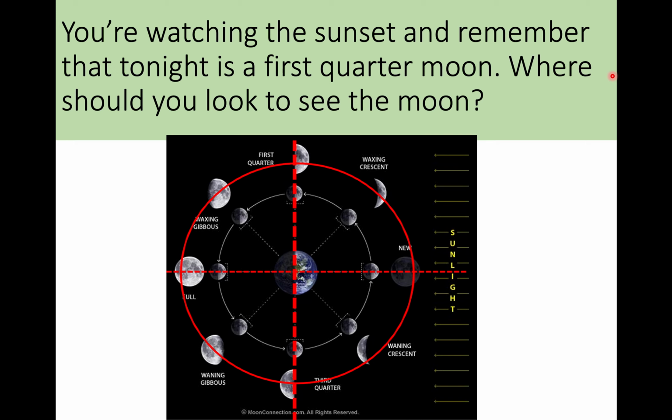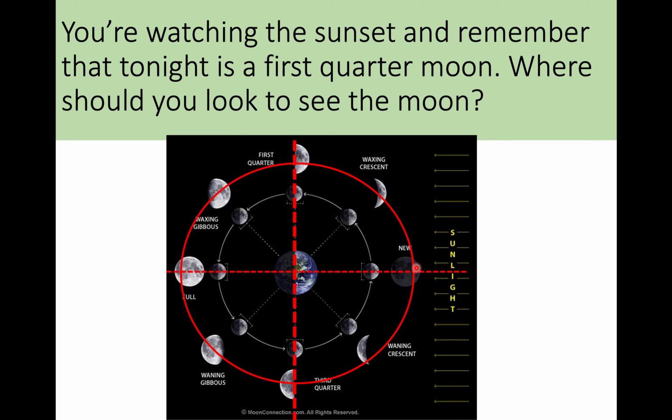So I always think, okay, it's sunset. How far offset is this moon phase from the sun? So here we have the sun over here, and we are talking about the first quarter moon. So they are offset by a quarter of this circle. So a quarter of a day, meaning 6 hours. So this first quarter moon would be 6 hours behind the sun.